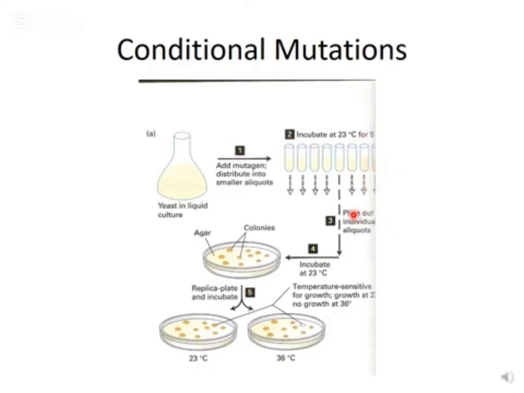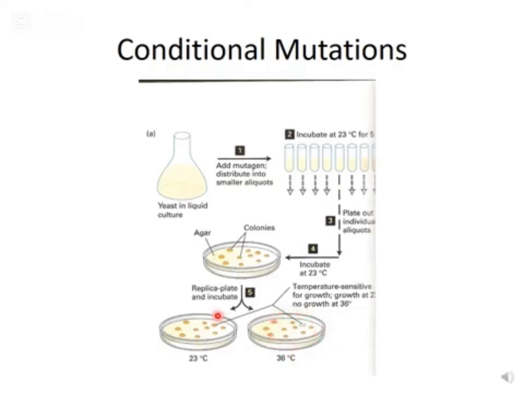Afterwards, we can plate these different aliquots onto different agar plates, and we keep this incubation at 23 degrees Celsius for a few hours. Then afterwards, these plate replicas are kept at different temperatures. So some of them are kept at 23 degrees centigrade, where the others are kept at 36 degrees centigrade.